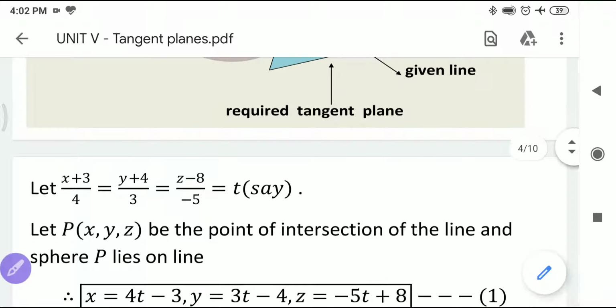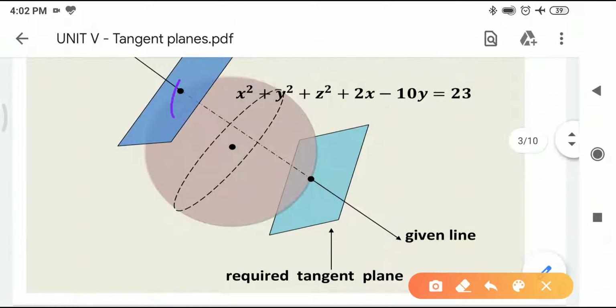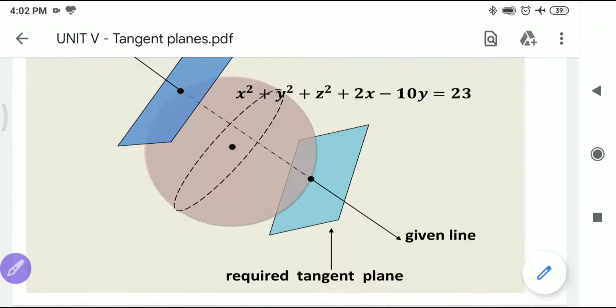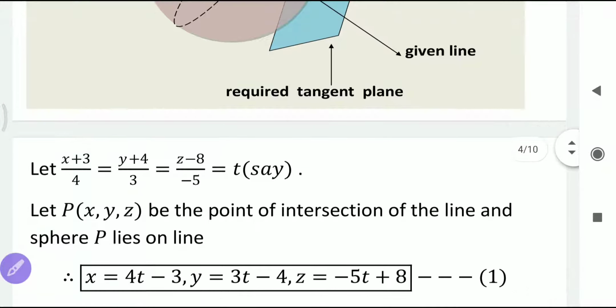That means we are talking about these 2 points. Actually, we don't know right now whether there are 2 planes or 1 plane. Here we can visualize in the diagram that there will be 2, but we are going to start with 1 point P(x, y, z) as a point of contact.